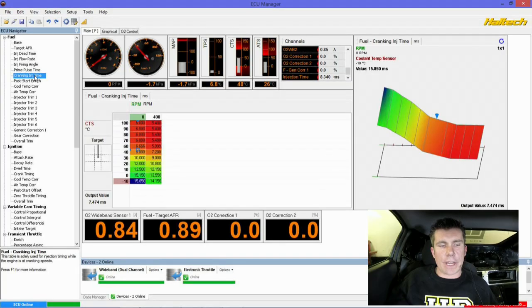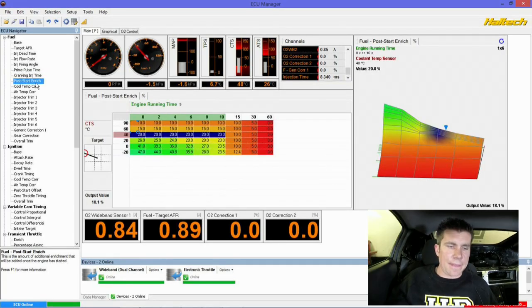But when we cold start or even hot start an engine, we've got two other tables that come into play as well. First of all, we've got our cranking injection time, and then after the engine actually starts, we drop into our post-start enrichment. And those two tables, well, all three really work together: the cranking injection, the post-start, and the coolant temperature correction.